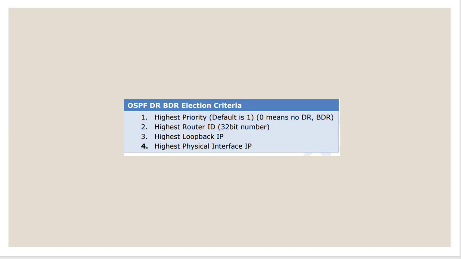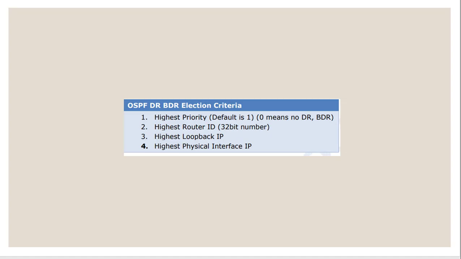The default priority in Cisco is 1, in Juniper it is 128, and in Nokia it is 1. If all are the same, then the highest router ID will win the election. If those are the same, then the tiebreaker is the loopback IP. If there is no loopback, the tiebreaker is the highest physical interface IP. So that is how DR-BDR will be elected.